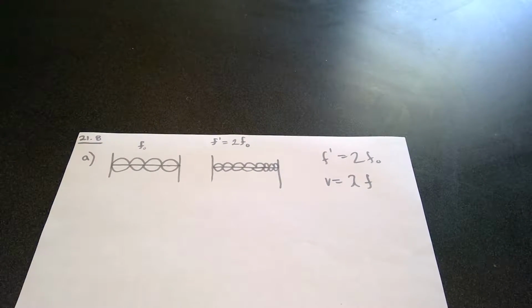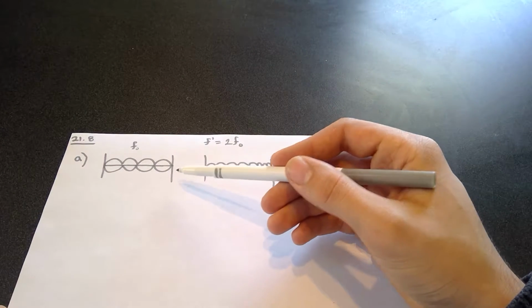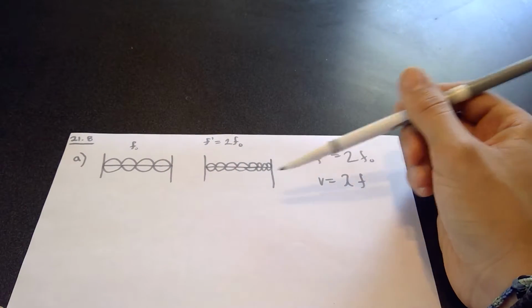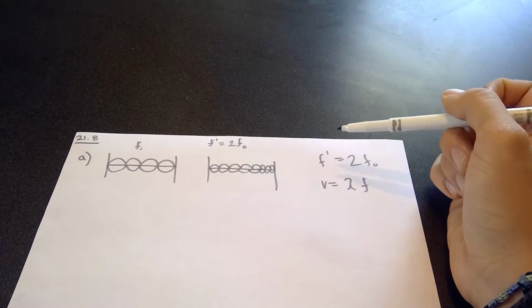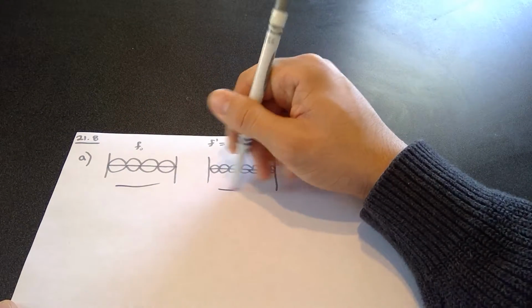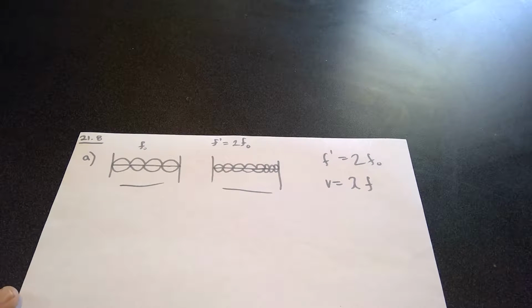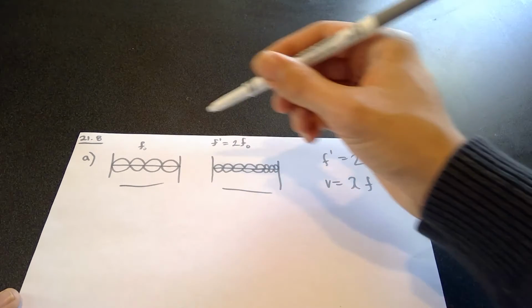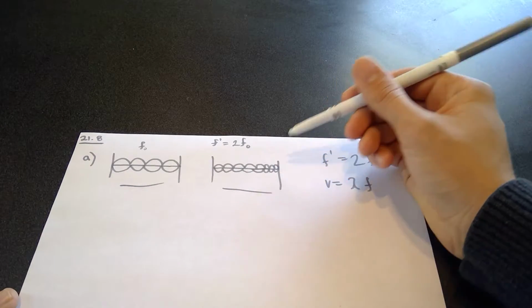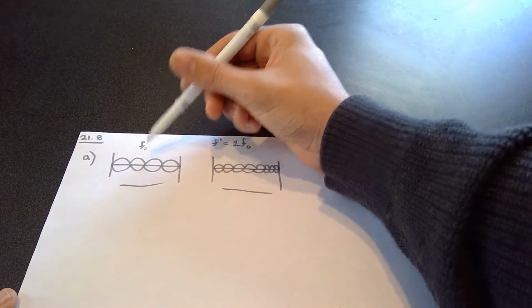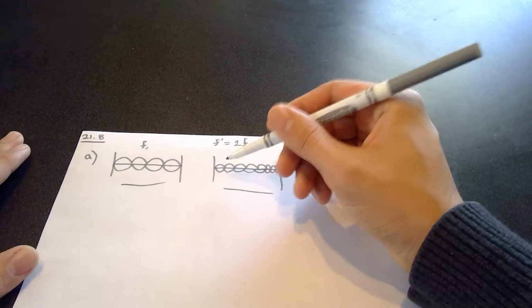So I've drawn out your original standing wave oscillation with f sub 0 as your frequency. And now I've drawn it out with the frequency doubled. Since these lengths are both the same, the distance the waves are traveling, you're not changing that. So in order to increase the frequency in the same distance, you're going to have a smaller wavelength. This one has twice as many antinodes as this one because you have a smaller wavelength.